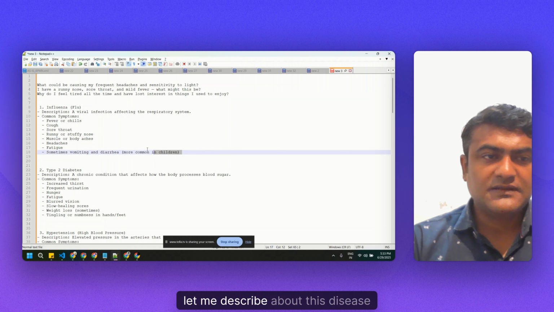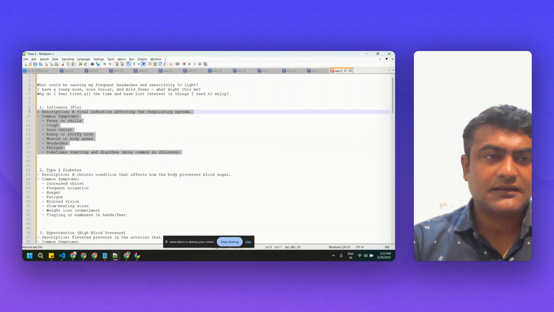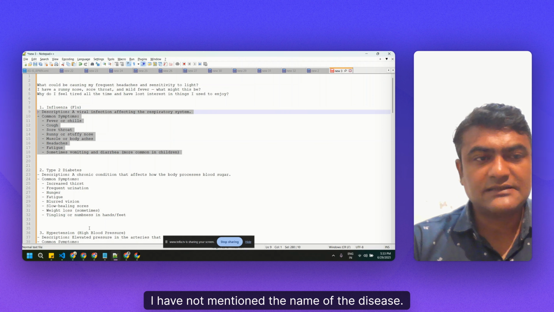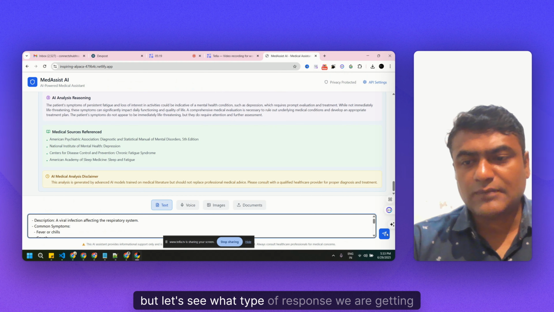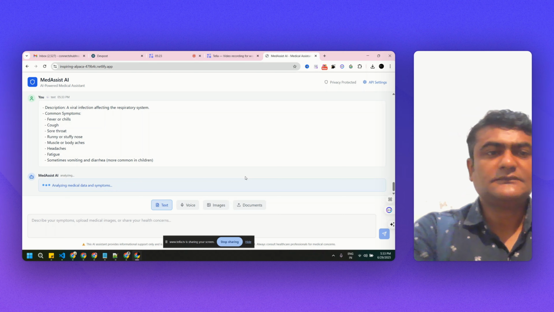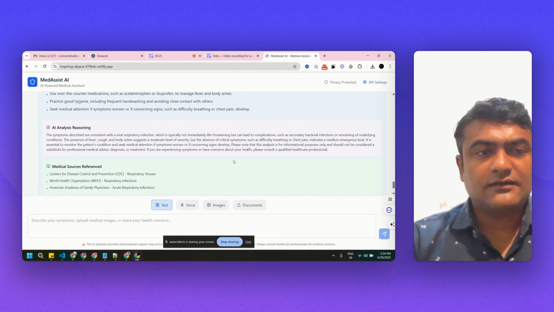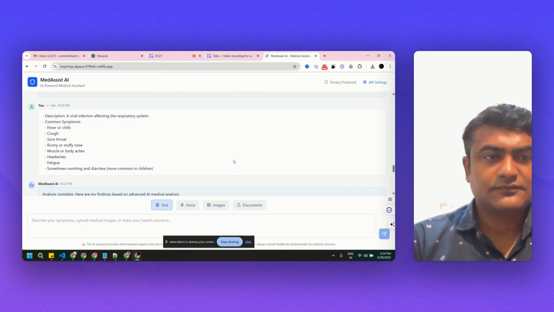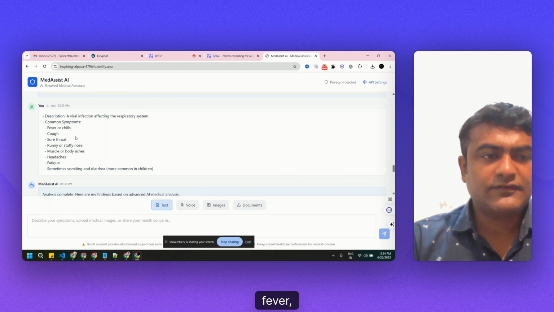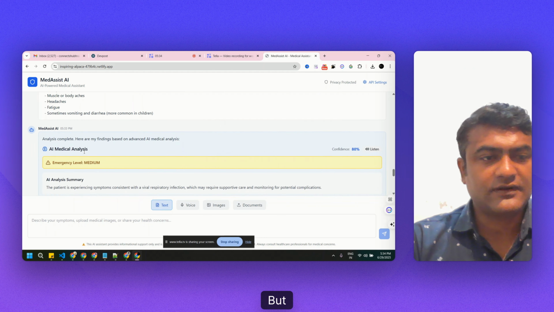So let me ask about a disease, asking for a description and then common symptoms. Let's see what type of response I'm getting from this chatbot. I have not mentioned the name of the disease, but let's see what response we get. Description: a viral infection affecting the respiratory system. Common symptoms: fever, cough, sore throat, runny nose, headache, fatigue.